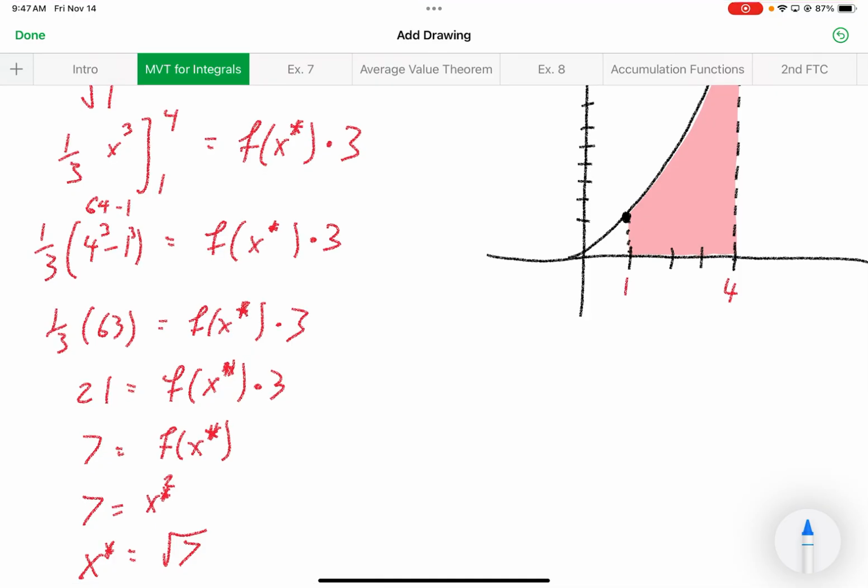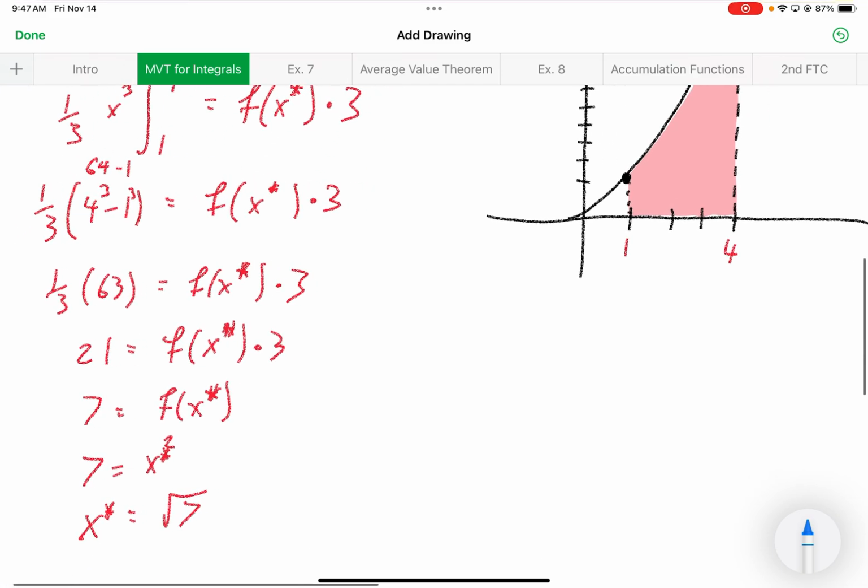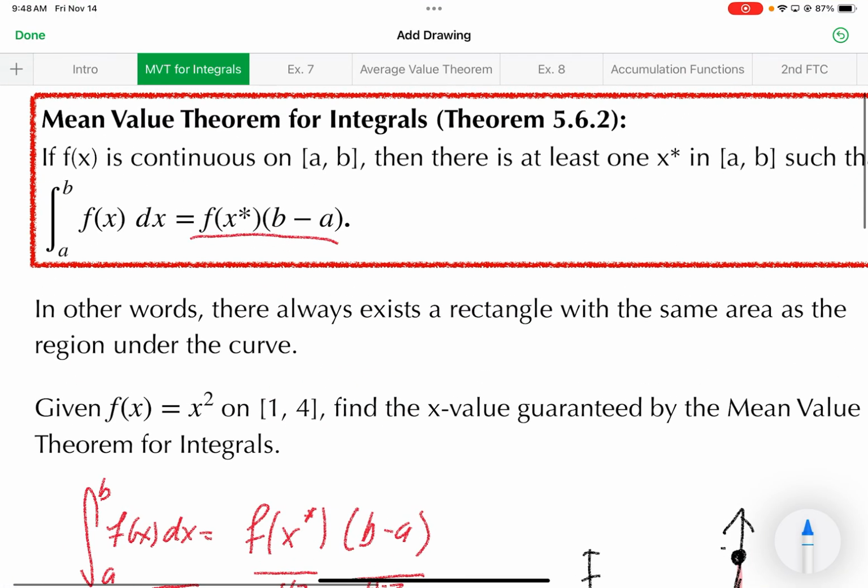Well, my base is going to be 4 minus 1. My base is going to be 3. For the height of my rectangle, that happens at what x value? Square root of 7. That's the x value that's going to give me the height of my rectangle. What was the height of my rectangle? Well, we set up here, this represents the height of my rectangle.